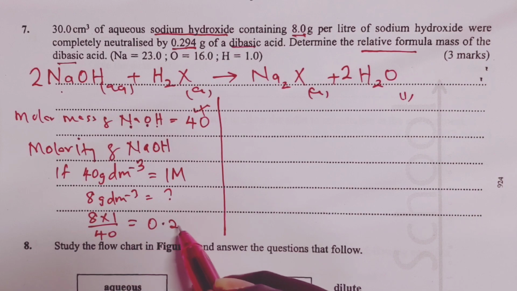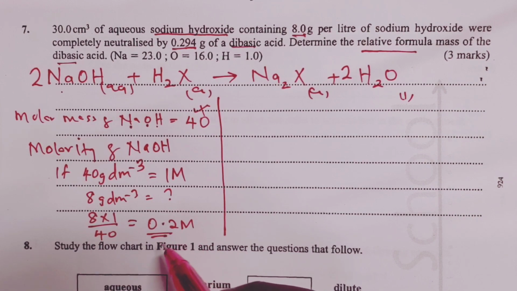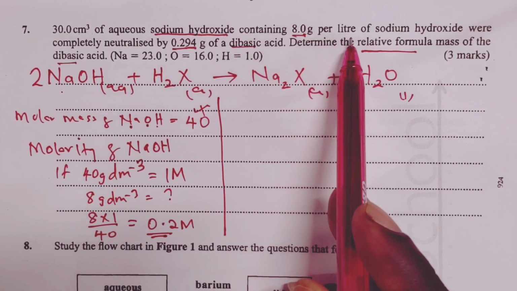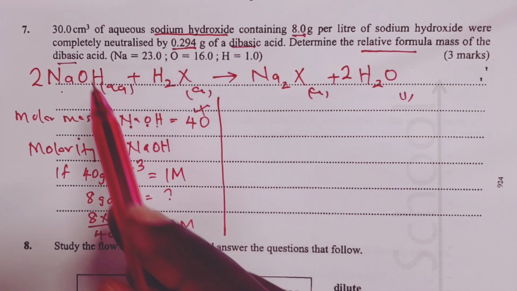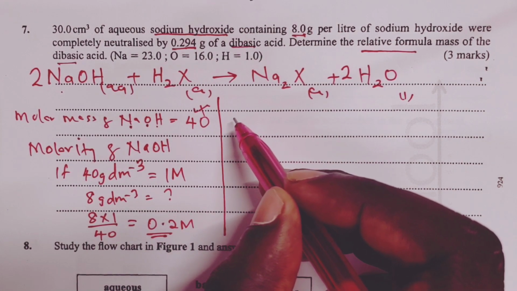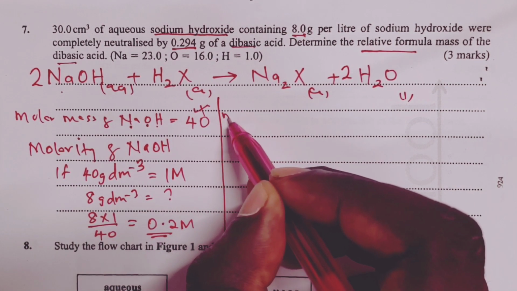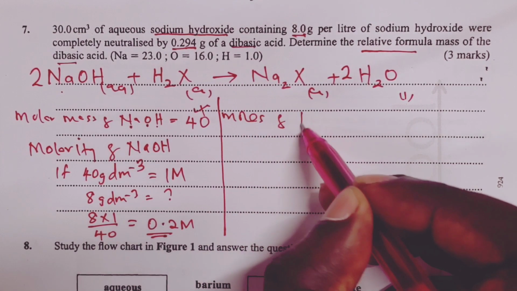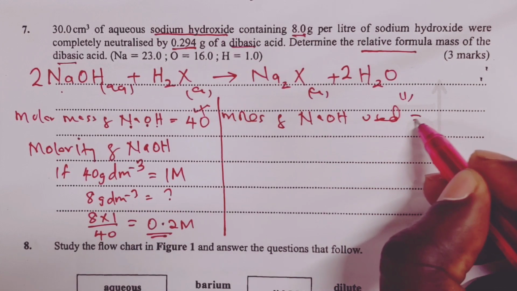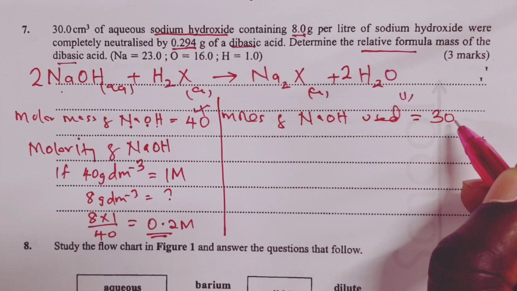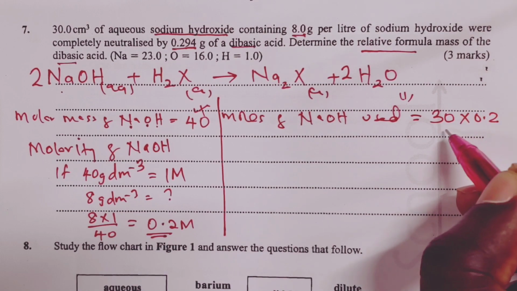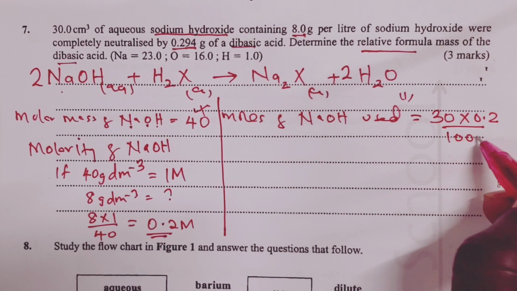That gives a 0.2 molar solution. Now, in the reaction, we did not use a whole liter of our alkali. Instead, we only used 30 cubic centimeters. So the next step was for the candidate to calculate moles of sodium hydroxide used. Here we would do 30 cubic centimeters that were used times molarity 0.2 divided by 1000.